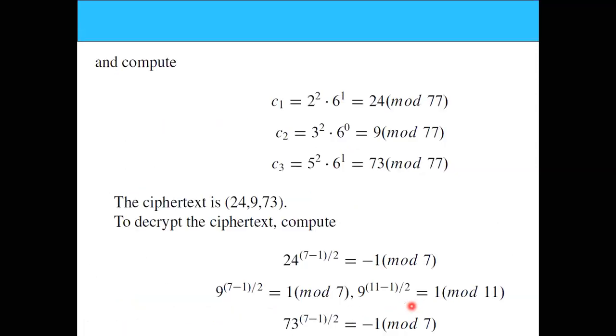Looking over here, I can calculate C1, C2, C3. To check whether a number is a quadratic residue or non-residue, I have used Euler's criterion. 24 to the power (7 minus 1) divided by 2 gives minus 1. So, dear student, since 24 is a quadratic non-residue, M1 will be 1.